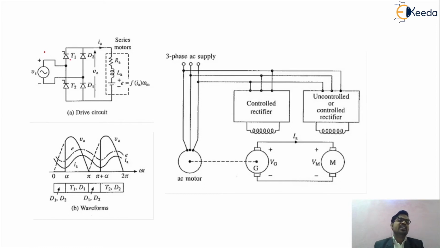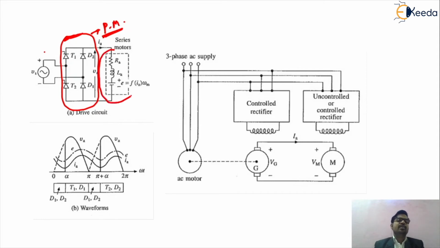And this is the power modulator. What will be the function of that power modulator? It changes depending upon the different types of supply. Suppose the supply is AC and we want a DC motor, then this power modulator will convert the alternating current supply into a DC supply.